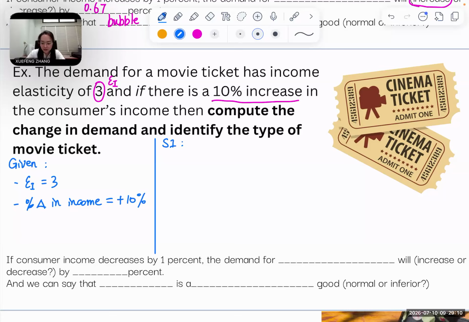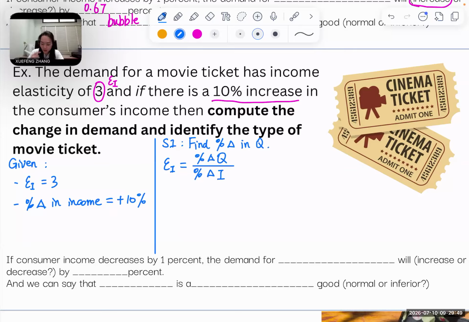Find the percentage change. The small triangle here is the delta, which means change in mathematics. So find the percentage change in Q, which is quantity. According to the formula, epsilon I equals percentage change in Q over percentage change in income.